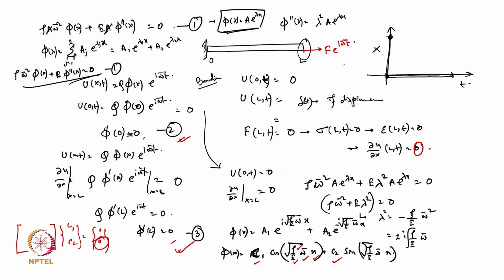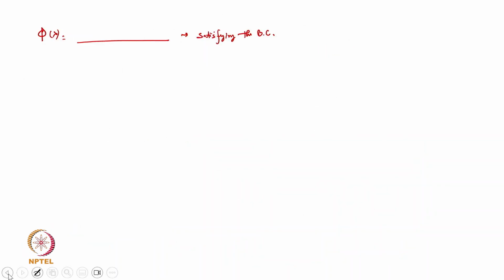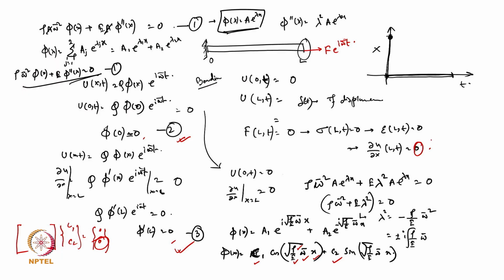And once we are applying the force, suppose let's say we have given the force here, so assume this is something like force divided by area divided by Young modulus times e to the power of i omega bar t. So that will become F divided by A into E. Okay.